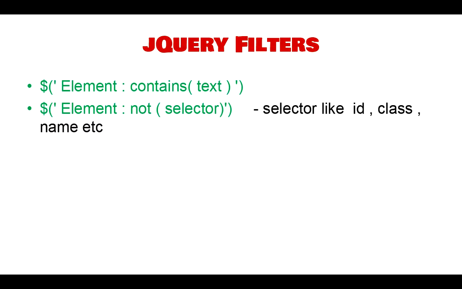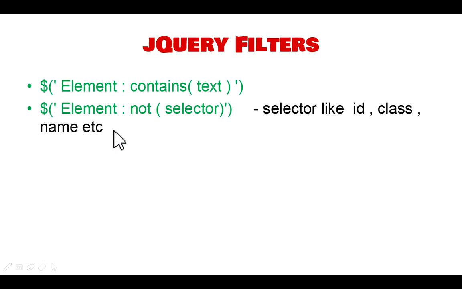And the next one is jQuery filters. The elements whose contains the text. The element nodes have selectors like id, class.